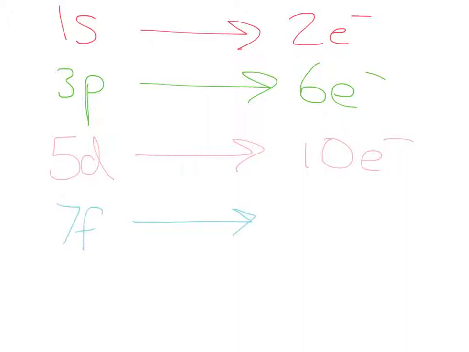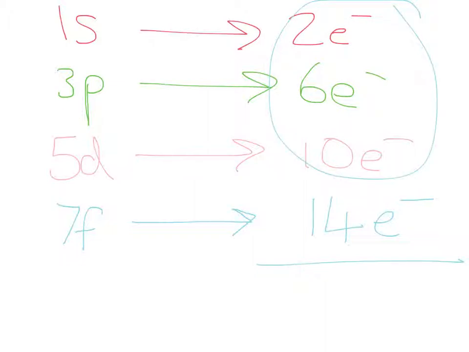So same as before, 2 electrons per orbital. We have 7 f orbitals, that gives us 14 electrons in total. So the 18 electrons from before plus 14 new ones, that gives us a total of 32 electrons in the fourth shell.